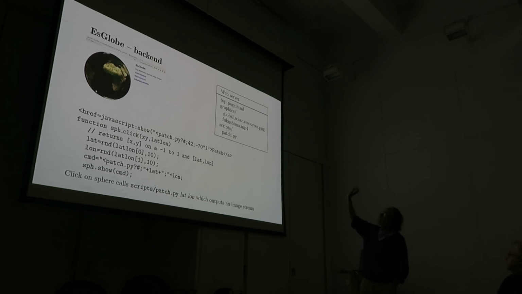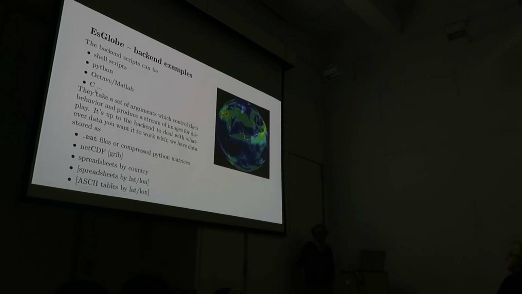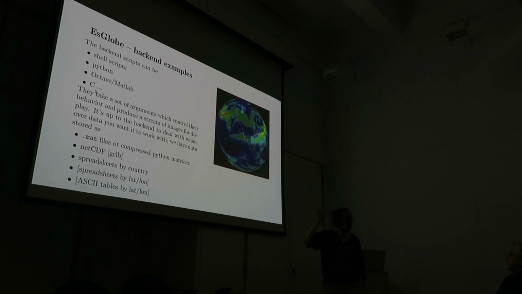So when you have something that is doing more than just showing movies or images, you need to have something that can run scripts, run programs, and tell it how to create a new image. And those scripts can be many forms. We have examples of all of these, but we use Python commonly, MATLAB or Octave, C programs, basically anything.